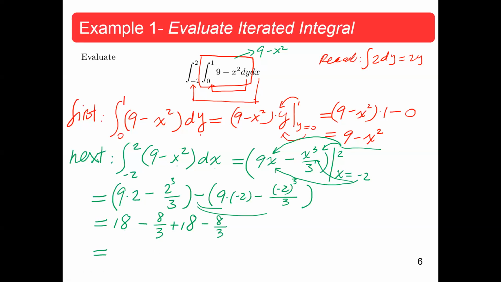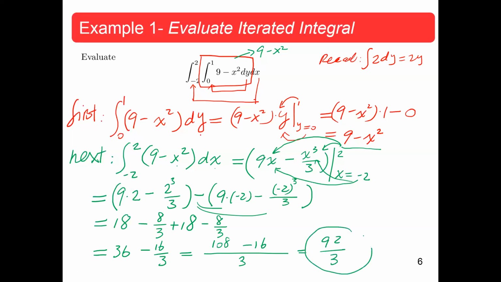So we can combine the integers with the integers. We have 18 plus 18, that's 36. And -8 over 3 minus (-8 over 3) subtracts 16 over 3, right? And eventually you can combine this into one single fraction. So 3 in the bottom, 36 times 3 is 108, minus 16. There we have 92 over 3. That's going to be this double integral.